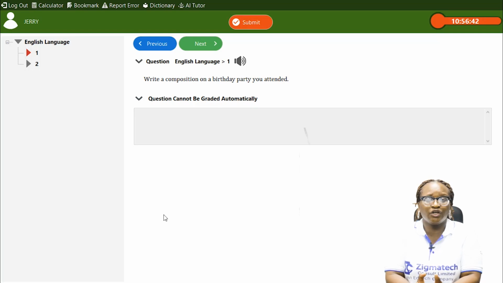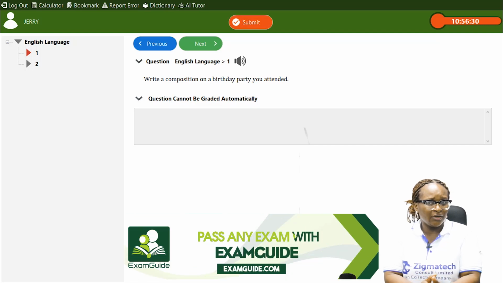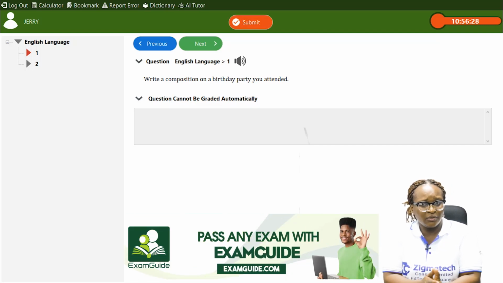Then finally you have the argumentative essay, which is basically to argue. Now I also would like us to understand that when you're asked to argue, you don't argue from a subjective point of view. You don't argue based on bias. You don't argue because you're prejudiced. You argue on an objective note.